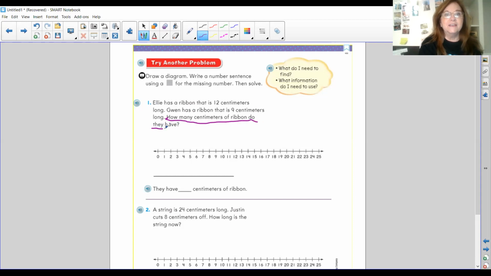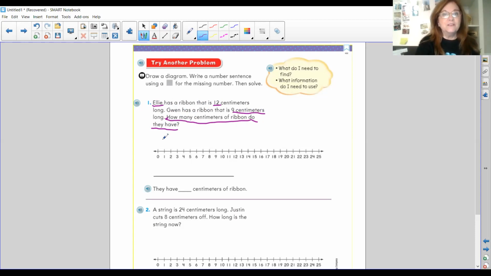Sorry, I can't draw a straight line on this. It's hard. Okay, and what information are we going to use? Well, we're going to use Ellie. She had 12, and Gwen had 9. Now, do you think this is an addition or a subtraction problem? Because it's how many. So usually when we talk about how many, that is how many in all.